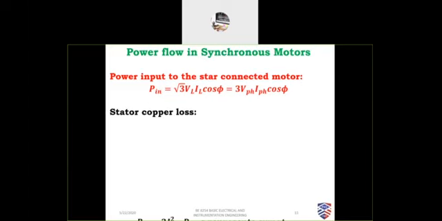Stator copper loss is 3 I square RA per phase. IA per phase is the stator armature current per phase. RA is the armature resistance per phase. So A represents armature.